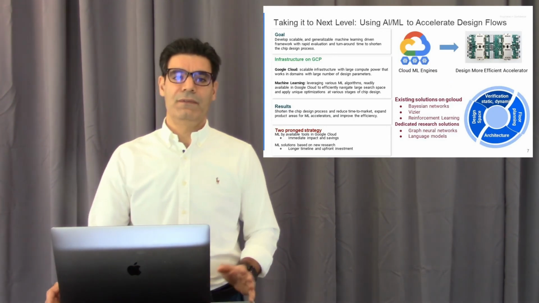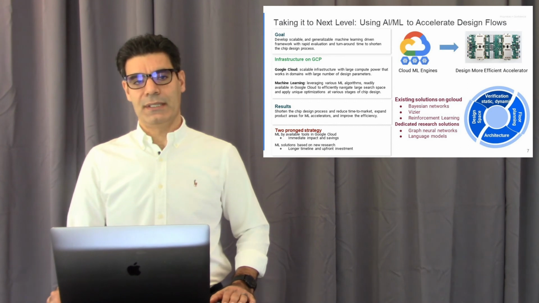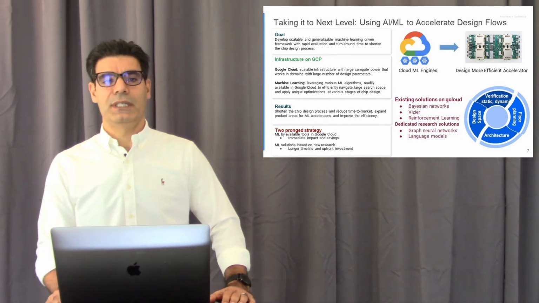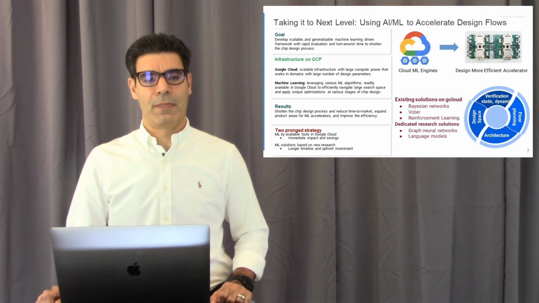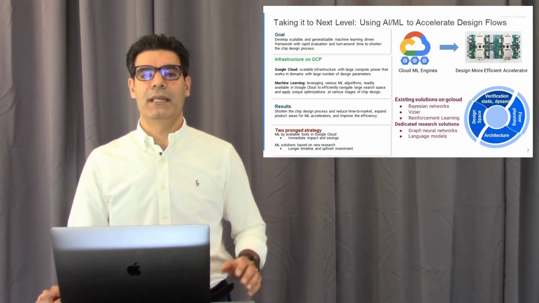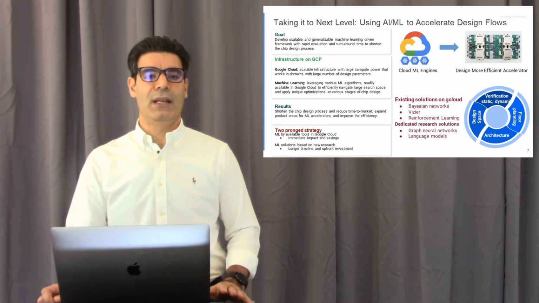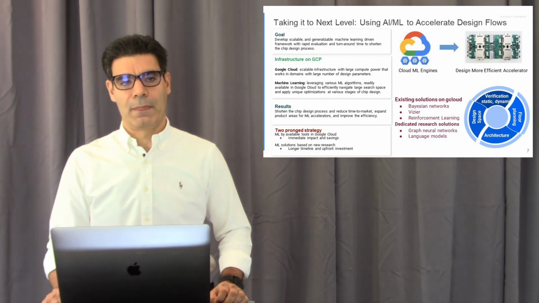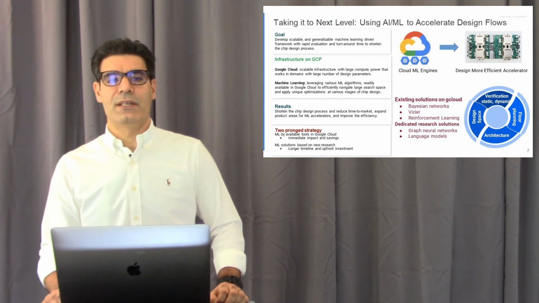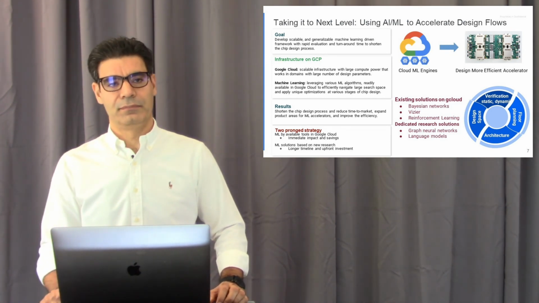Okay, in terms of what we are doing to further improve our ASIC design methodologies, we are actively working to use machine learning to aid chip design flows. The goal here is to develop a scalable and general ML-driven framework with rapid evaluation and turnaround time to shorten the chip design cycle. For that, as I mentioned, we use infrastructure on Google Cloud Platform.